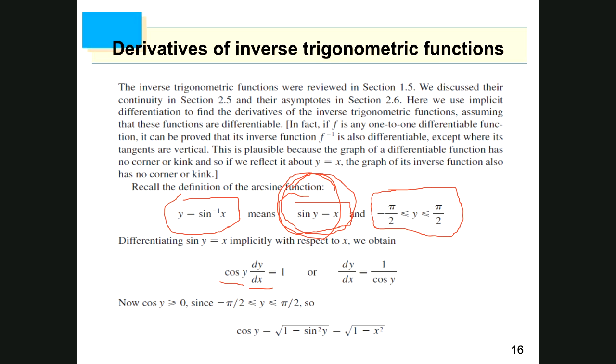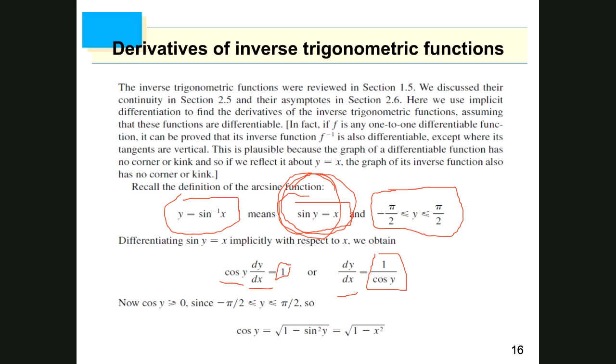So you differentiate implicitly, you apply the chain rule. So differentiate sine y, you get cos y dy dx. And right-hand side, if you differentiate x, you just get 1, all right? Why are we doing that? Because if I make dy dx the subject, I get 1 over cos y, all right?